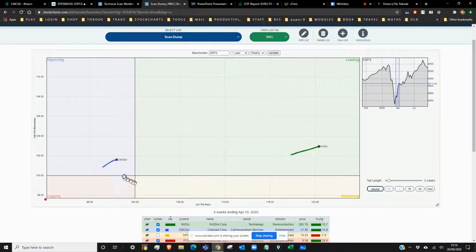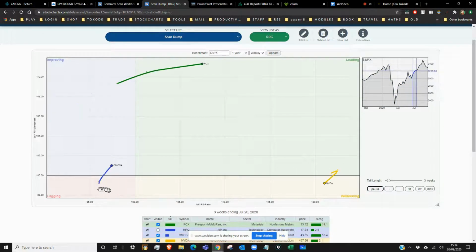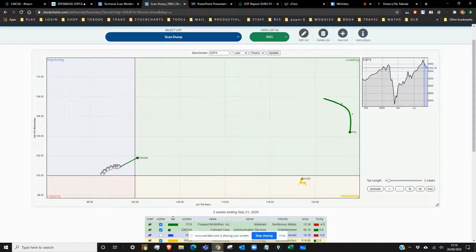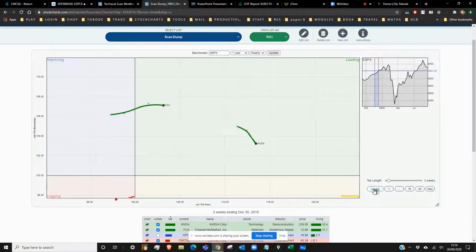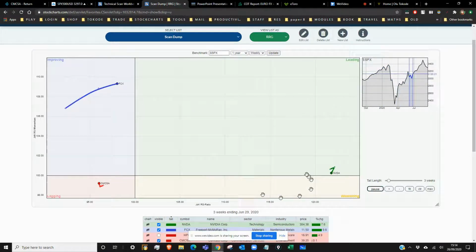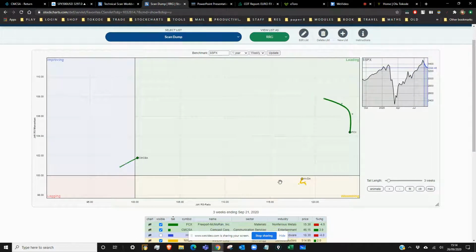Comcast keeps rotating around the lagging, leading and improving quadrants. Nvidia looks nice. It's constantly in this quadrant. But Nvidia is a tech stock, and tech has suffered a lot in this correction. So I've got a tech stock, a material stock, and a communication services stock.